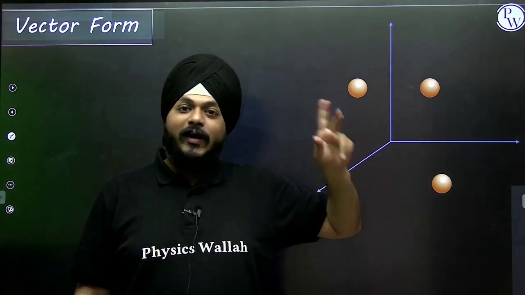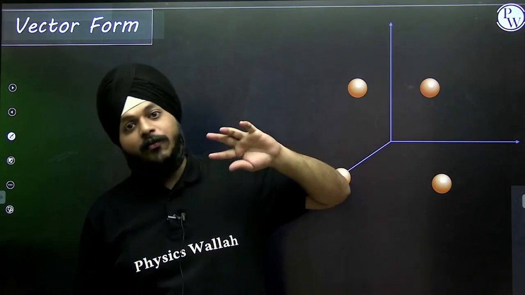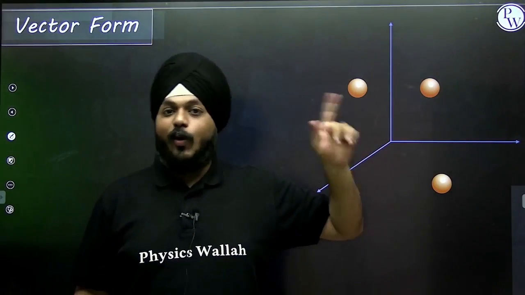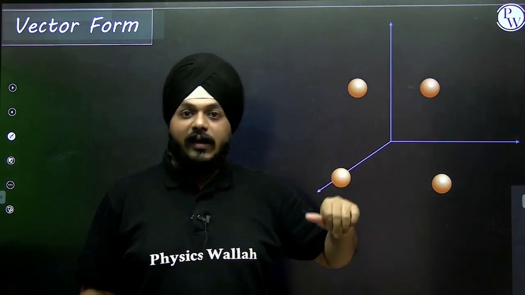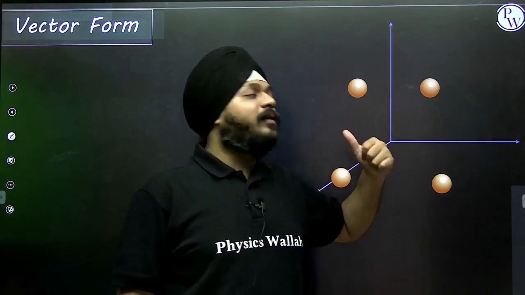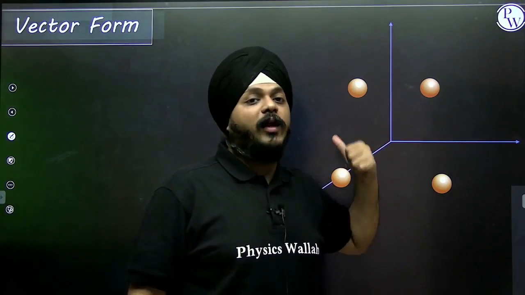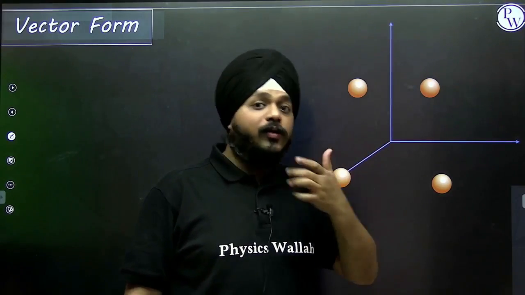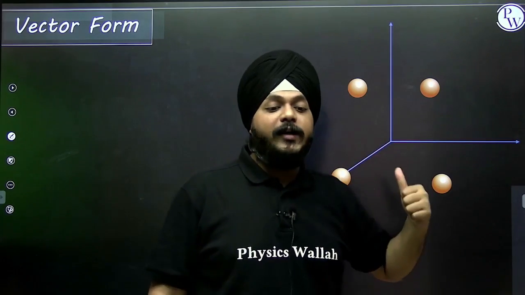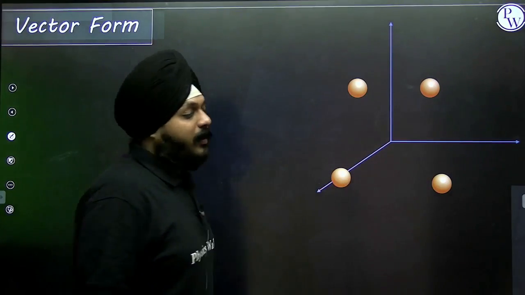Why? Because Newton's law is represented in both scalar and vector form, so the limitation arises in both cases. Now, using the superposition principle, the same thing we are going to do in the vector form. Yes, we are going to calculate the resultant force in vector form.